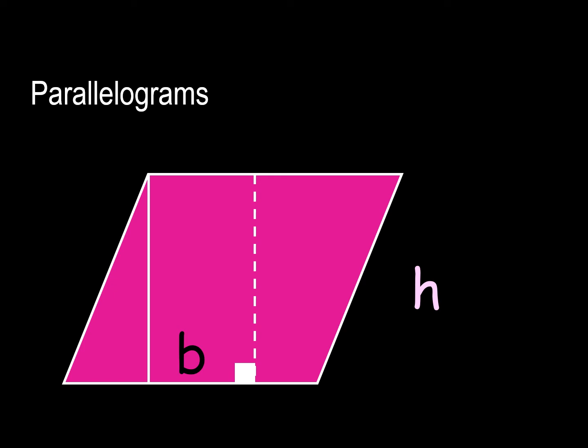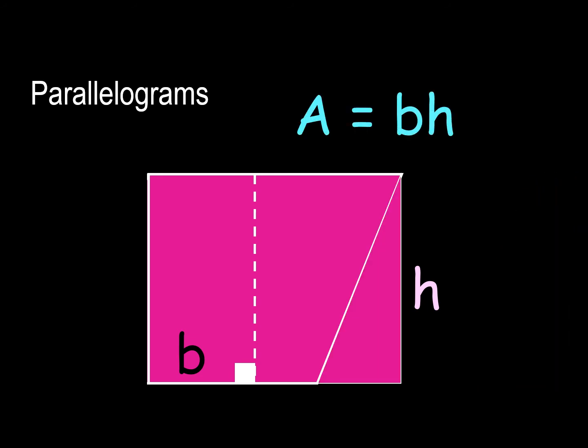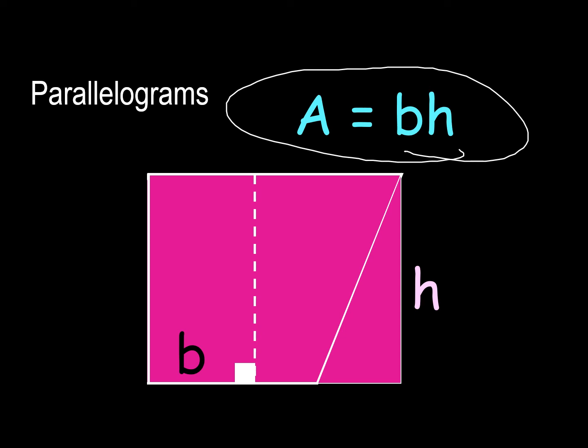And what they could do is cut off one end and move that end to the other side, and your triangle fits perfectly on there. And it's the same formula as a rectangle because it's the same amount of space. But your height has to be going straight up and down at a right angle.